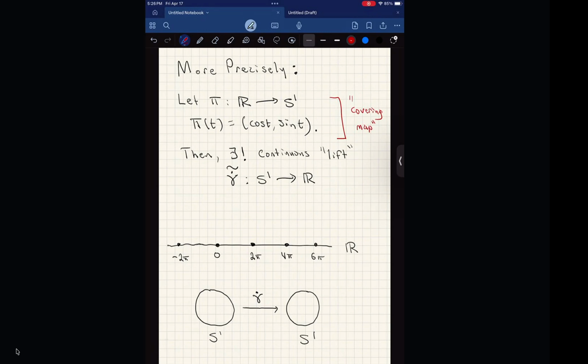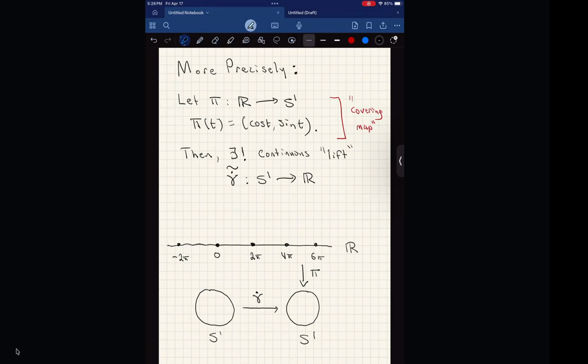You have the real line down here, with multiples of 2 pi, and you have this map that projects to the circle, the usual parameterization map, cosine t, sine t. It's convenient to call it a projection map or a covering map here.